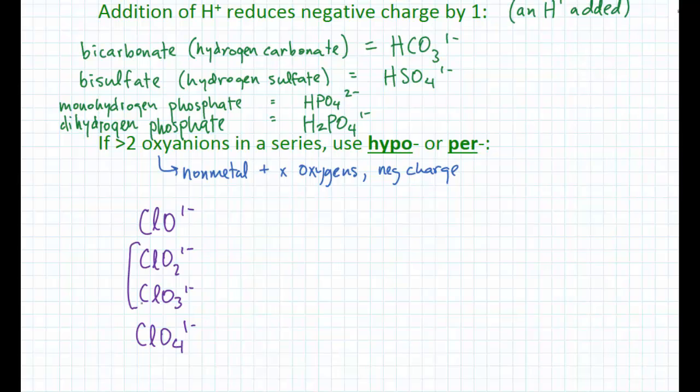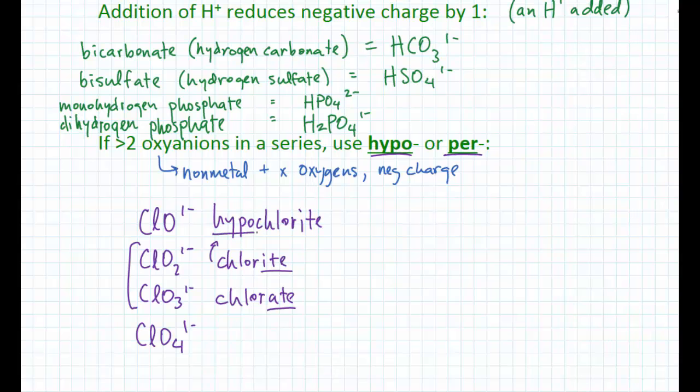The middle two are ite and ate. Chlorite, chlorate. But going beyond that in either direction, that's where we use hypo and per. So one fewer than chlorite is hypochlorite. Hypo means below or under, like hypothermia means your temperature is too low, or a hypodermic needle goes below the surface of your skin.